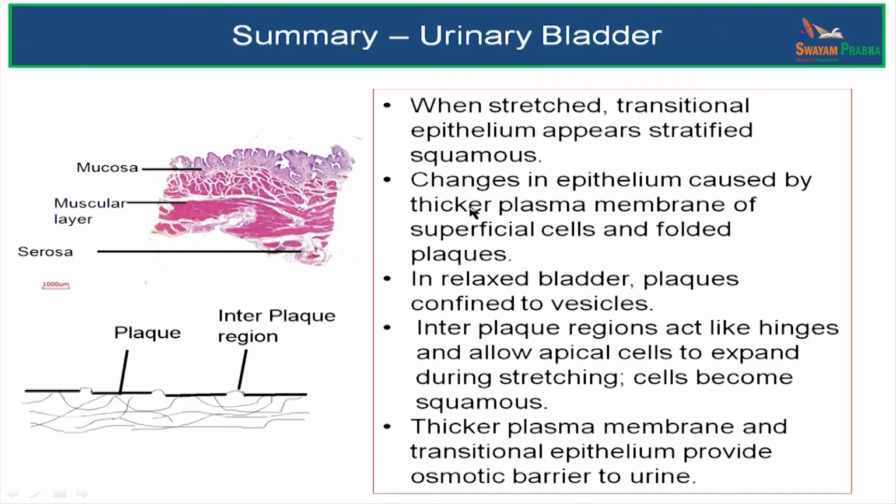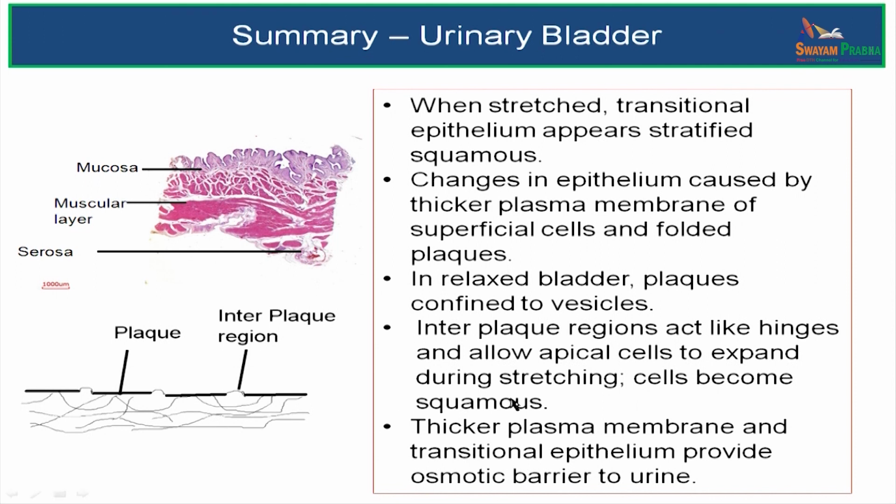The change in the epithelium, from umbrella cells or dome shaped cells in the surface layer to squamous cells in the surface layer, that is a change in the shape of the cells, is because of the thicker plasma membrane of superficial cells and folded plaques. In a relaxed bladder, the plaques are confined to the vesicles. Interplaque regions act as hinges that allow the apical cells to expand during stretching.